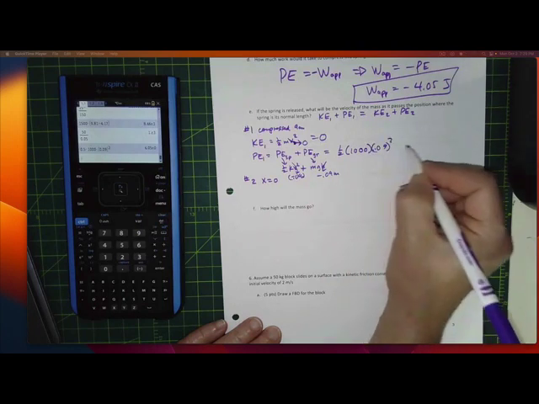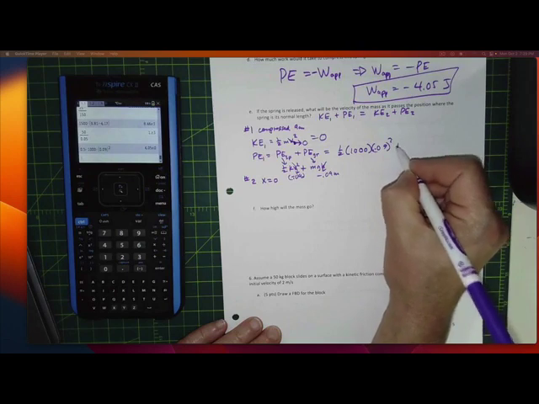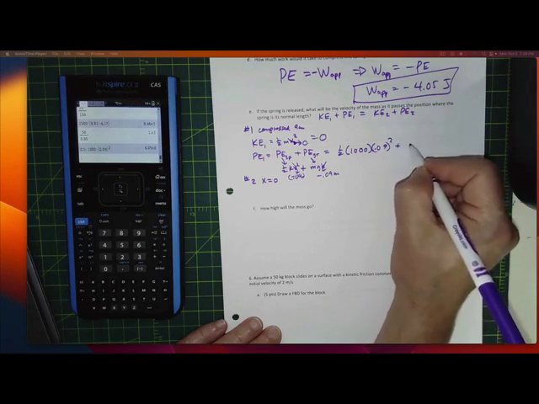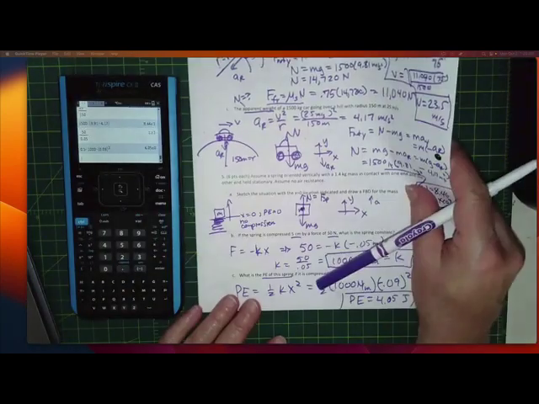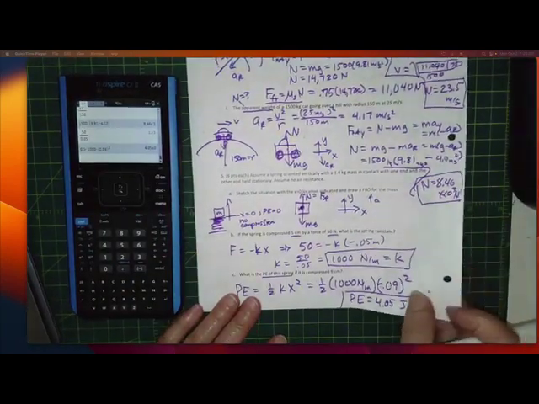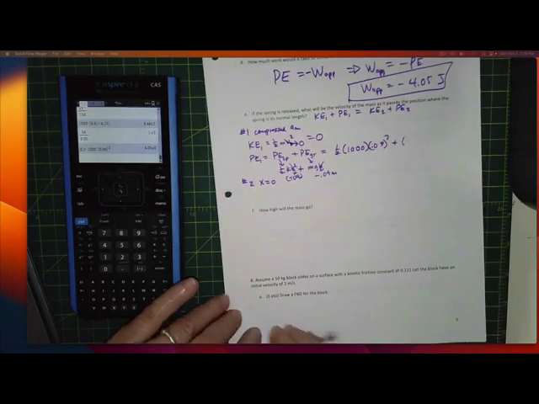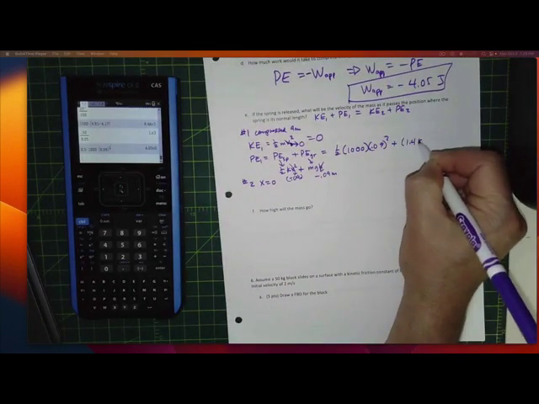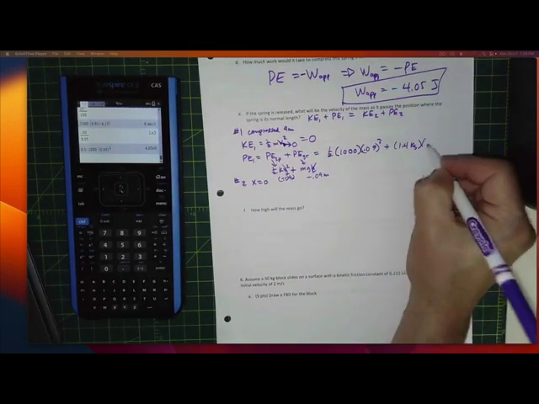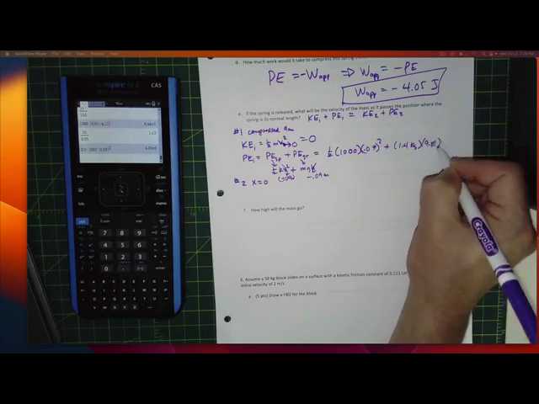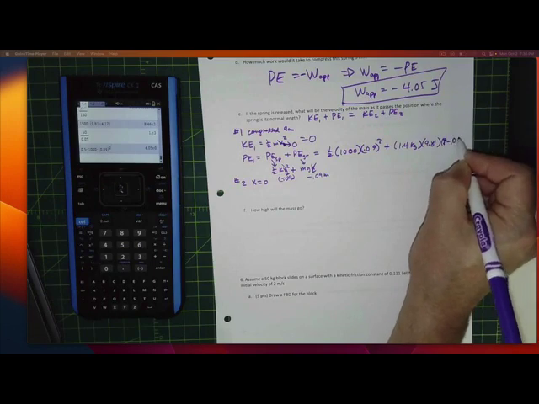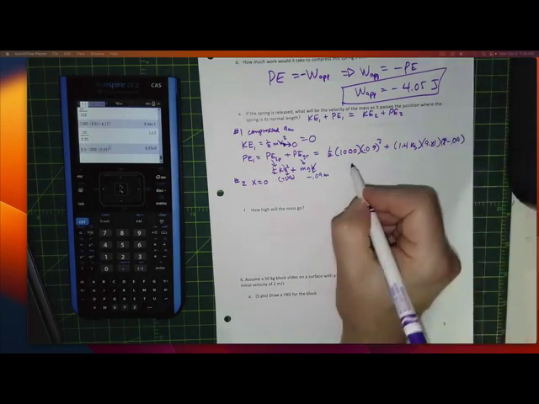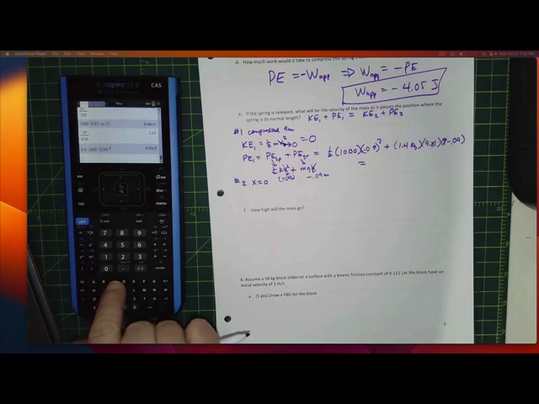Actually, I think we just calculated that. Plus the potential energy due to gravity, m, the mass 1.4 kilograms, times g, times our displacement, negative 0.09. It's okay to have part of it be negative. Let's calculate that.